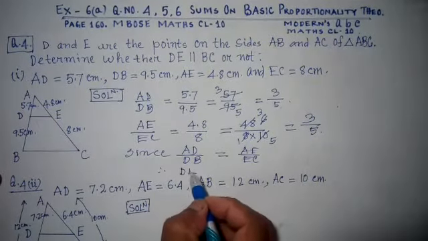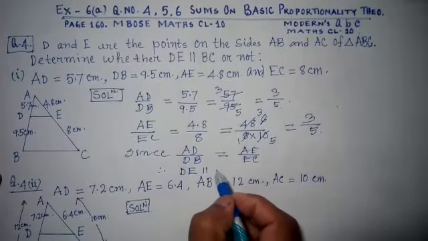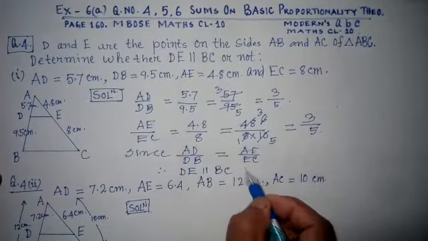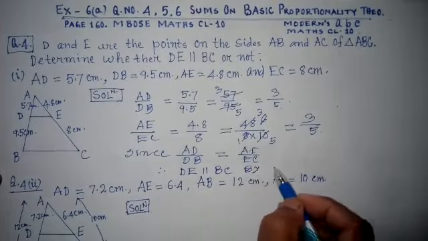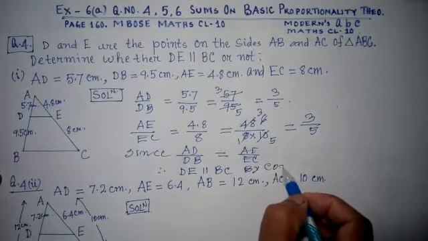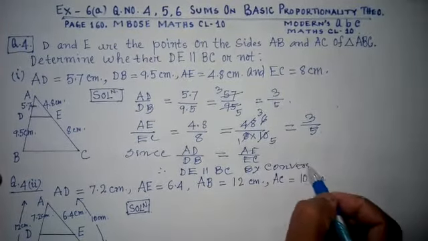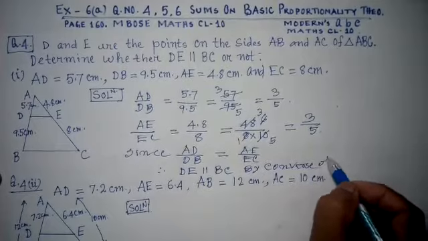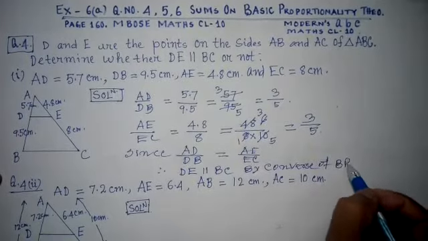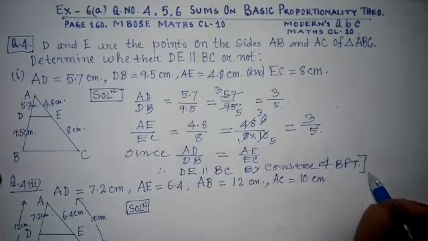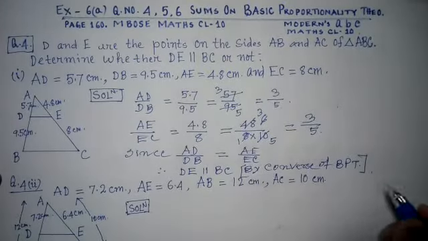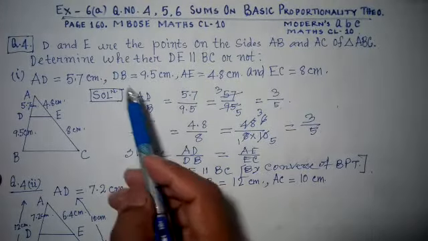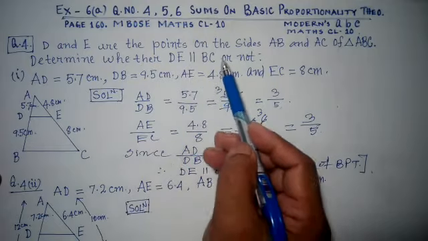Therefore, DE parallel to BC by converse of basic proportional theorem. That is the end of the sum. So this question is, determine whether DE parallel to BC or not.